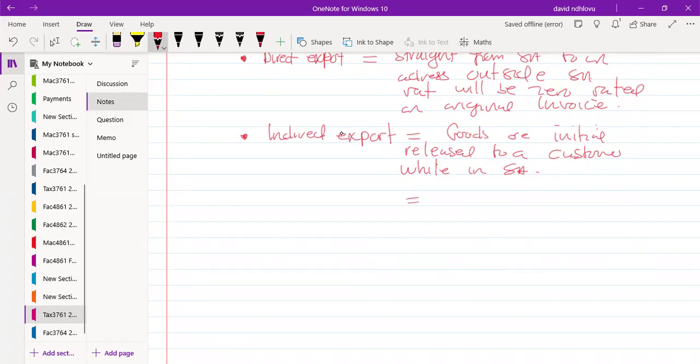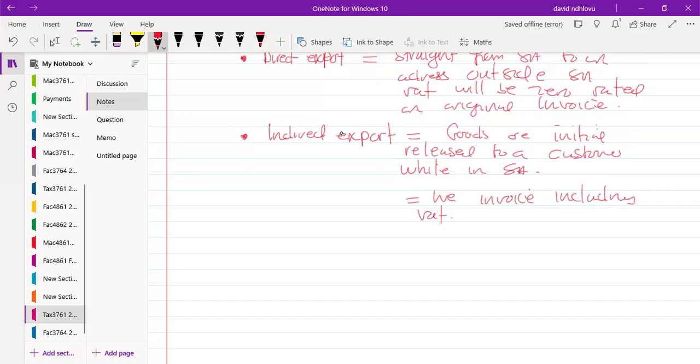So what we do is invoice, including VAT. We include VAT when we charge the customer because we are not sure, as the supplier, whether the goods are going to be used in South Africa or will eventually make it to Botswana. We don't have control there.